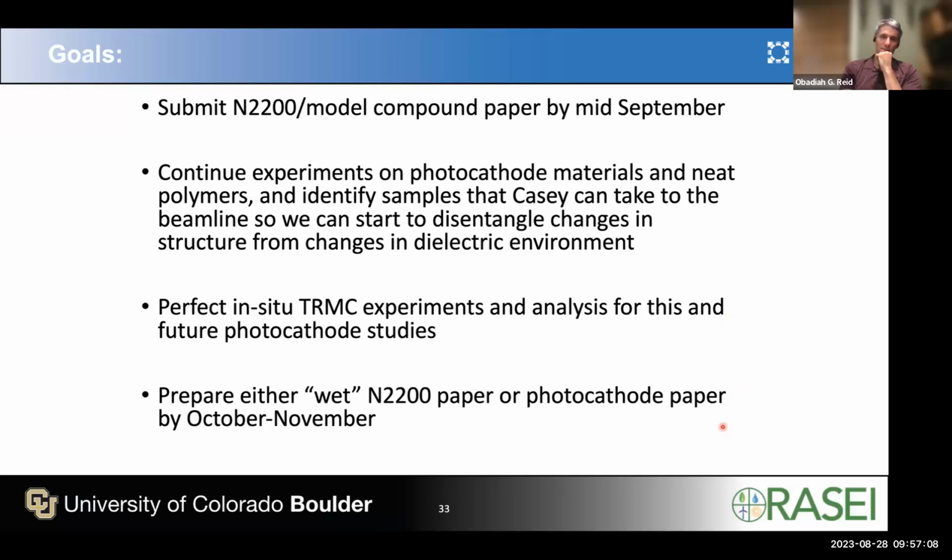And I think when I wrote this talk a couple of weeks ago, I was thinking it'd be nice to submit a paper on the photocathode stuff sooner rather than later.